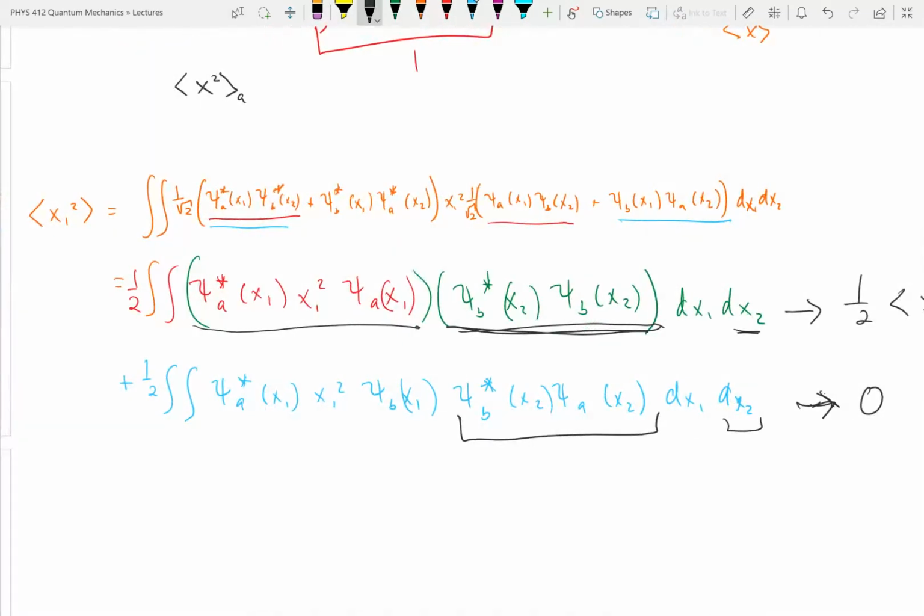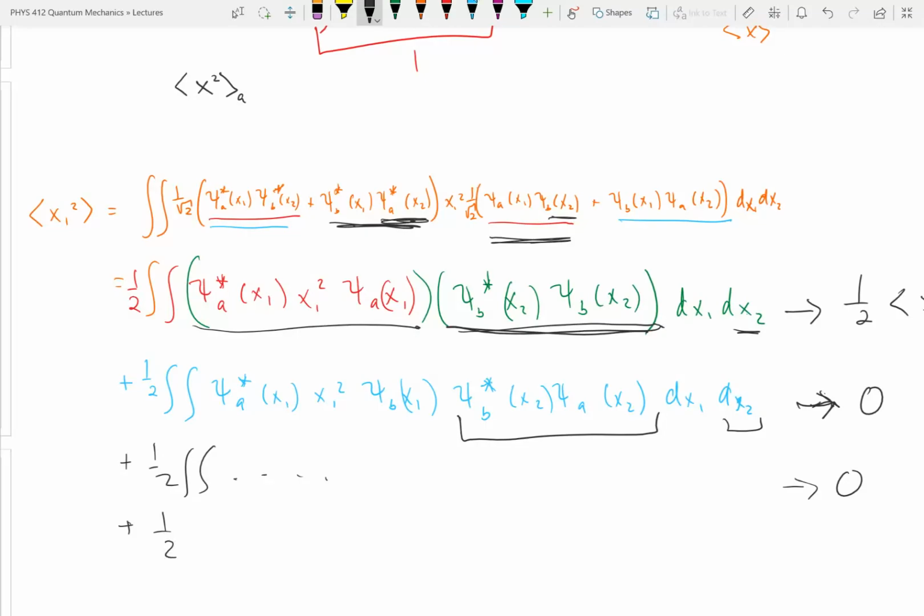So now we go to this one. This one combined with this is going to be another term that gives us 0, right? Because it's going to have the A star in x2 and then B in x2. That's going to give us 0. So plus 1/2 blah blah, that gives us 0. Plus 1/2 the last one.